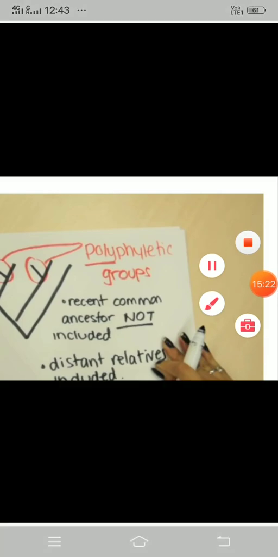Then polyphyletic group: only distinct relatives are taken, not the common ancestor. Here we don't consider the common ancestor, and taxa are there, but they are distinct, unrelated taxa. This is known as a polyphyletic group.